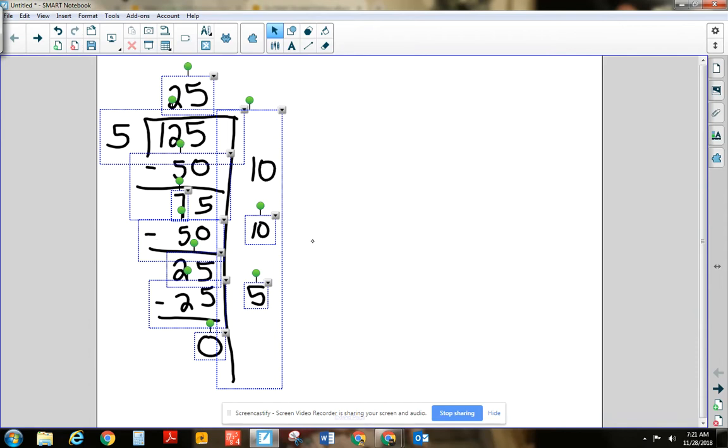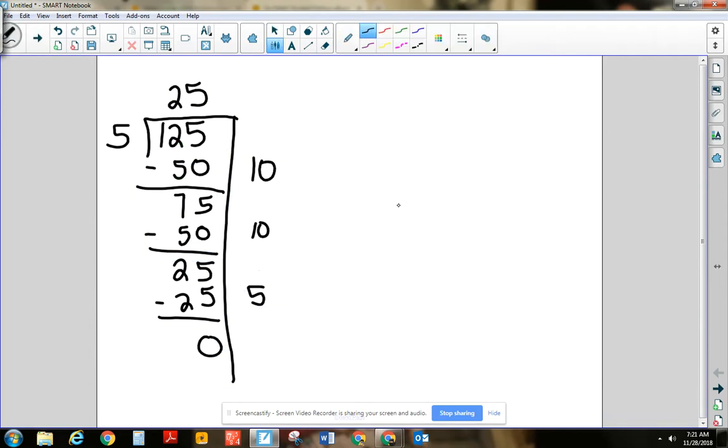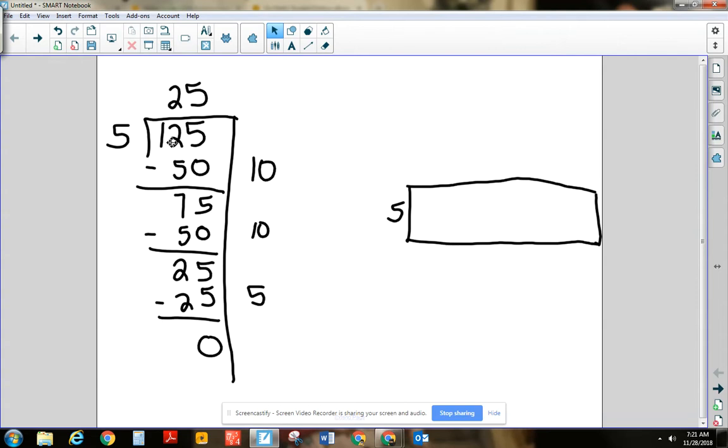Lots of times it has helped students to make a model with this. Not a place value chart, kind of like a model. I can set that up, and it's going to look like this. My total is going to equal 125. I broke up a 50, because 5 times 10 was 50, right here.